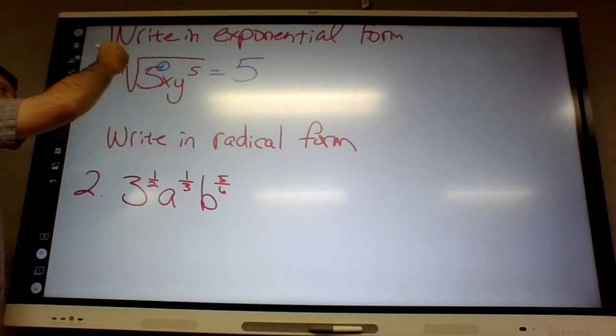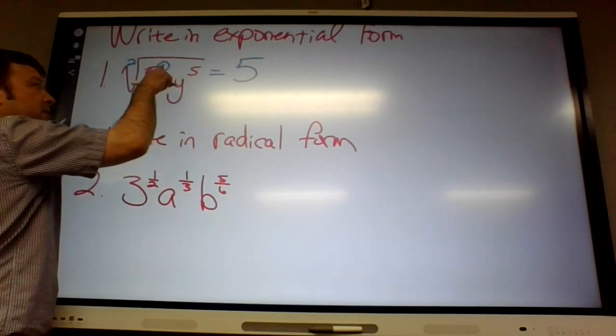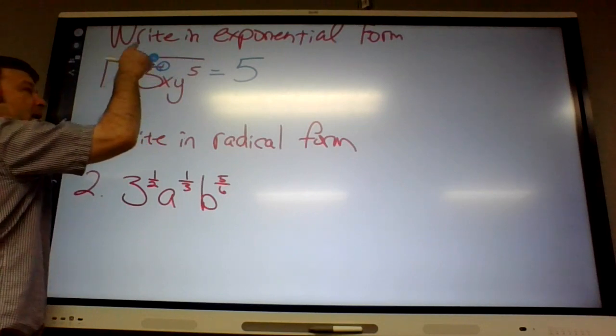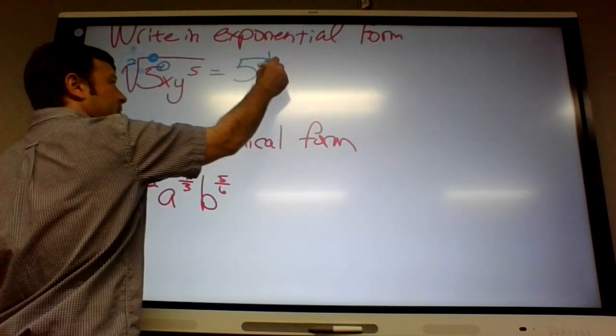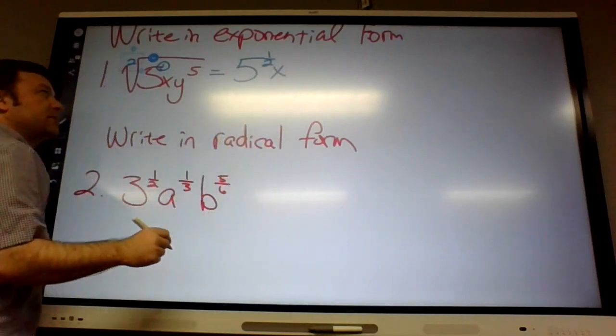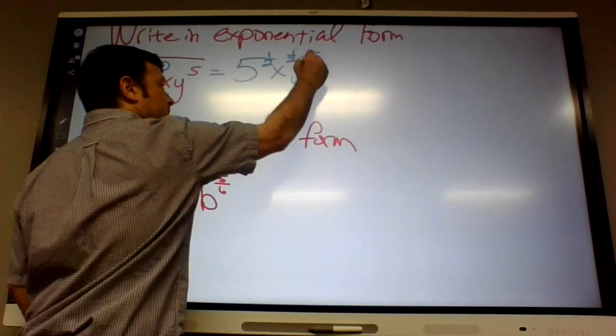And then there's a 2. So this is 5 to the what? Second. Oh wait, third. 5 to the 1 half. And then you got x to the 1/2, and then you got y to the 5 halves.